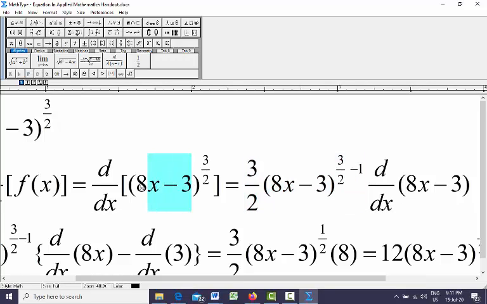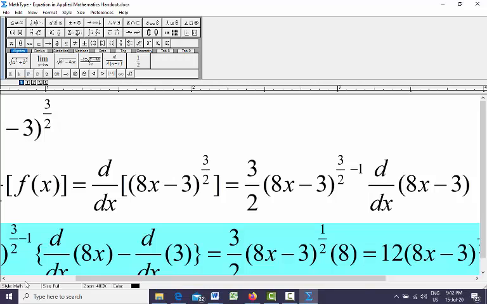Then we need to do differentiation of the inside materials. So inside we have 8x minus 3. If you do differentiation of 8x minus 3, then you should get 8.